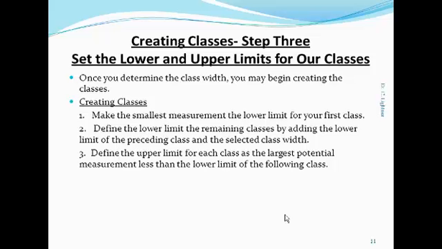Next, we define the lower limits for the remaining classes by adding the lower limit of the preceding class and the selected class width. Last, we define the upper limit for each class as the largest potential measurement less than the lower limit of the following class. The purpose of step 3 is to ensure that there are no gaps between our classes.